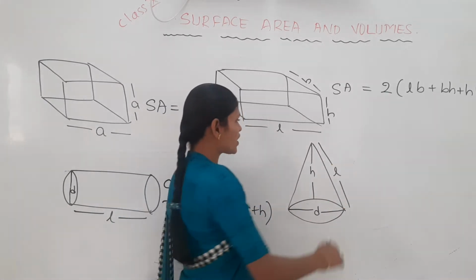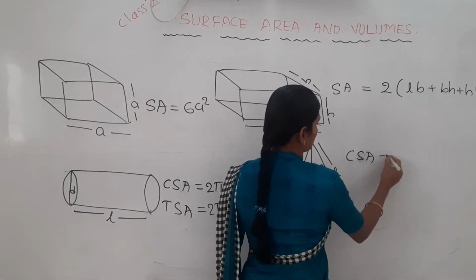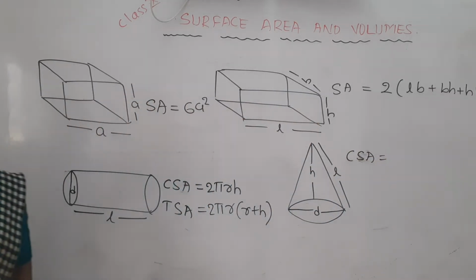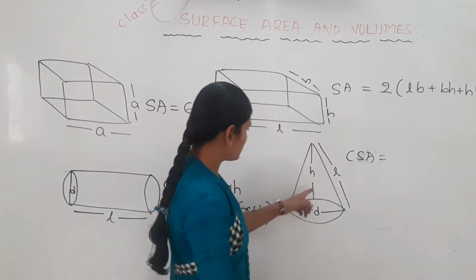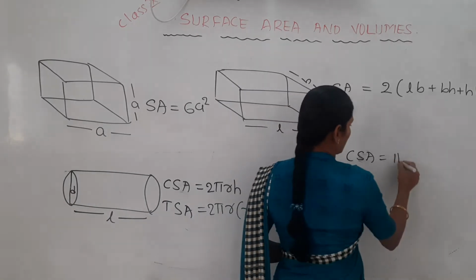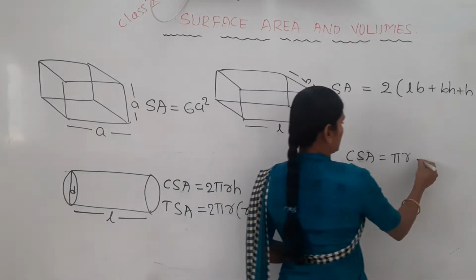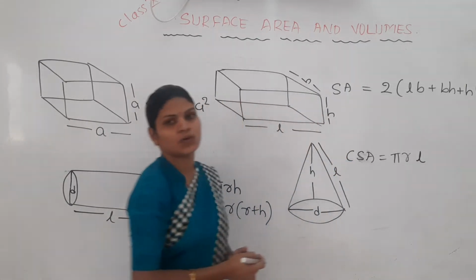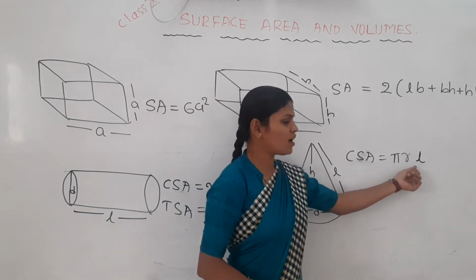So how do we find the curved surface area of the cone? It is pi r l.